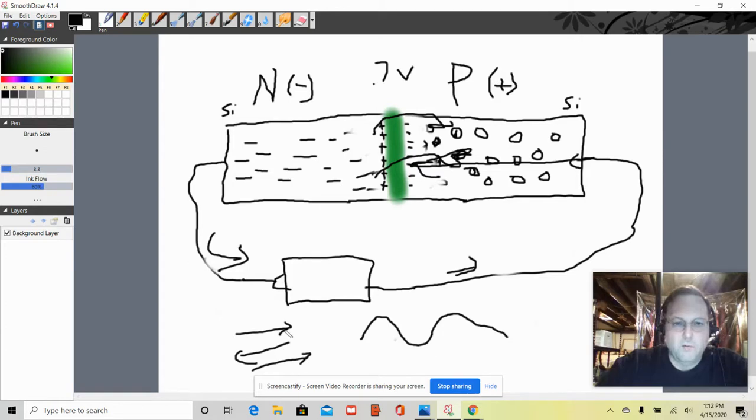But what the diode can do, if you use 4 diodes, you can end up building something called a rectifier, so that you basically change this format into this. So you don't actually lose this power.